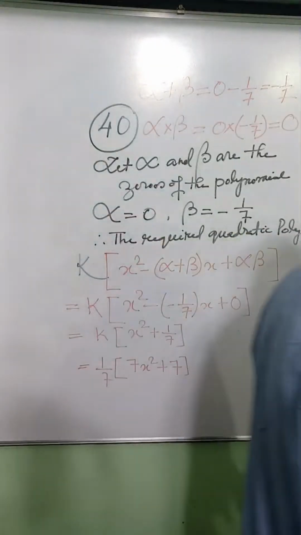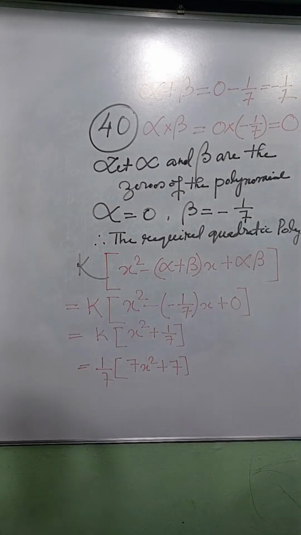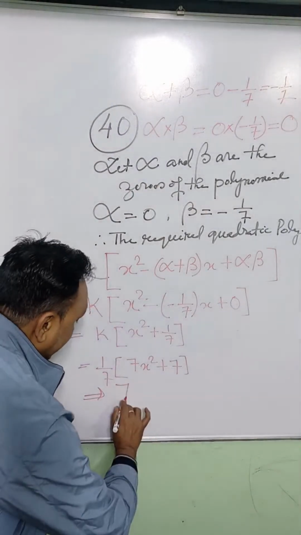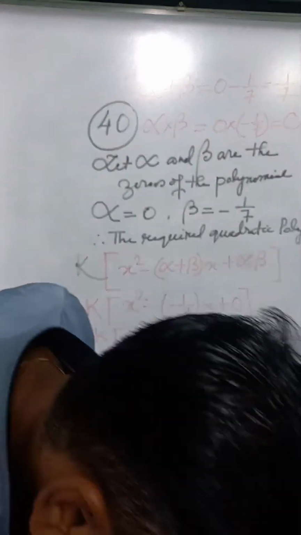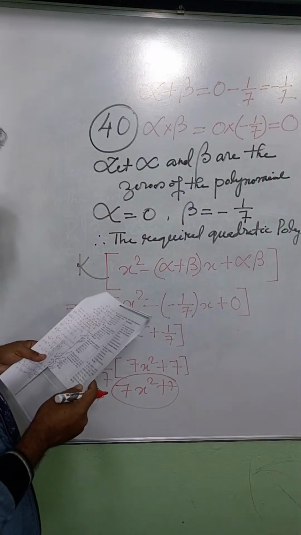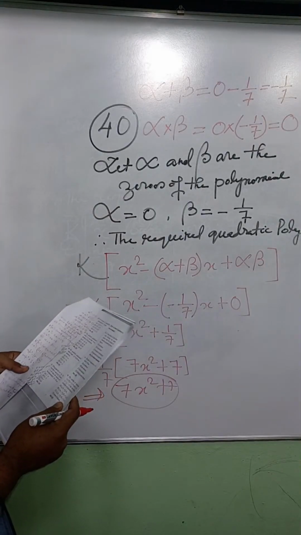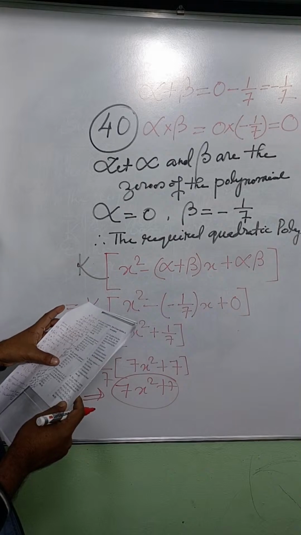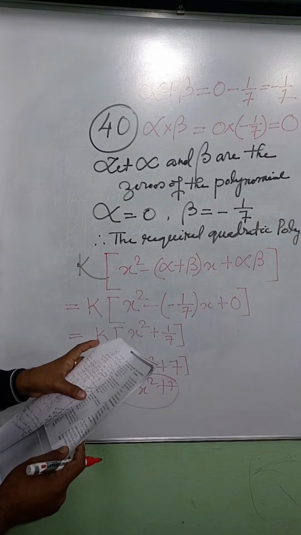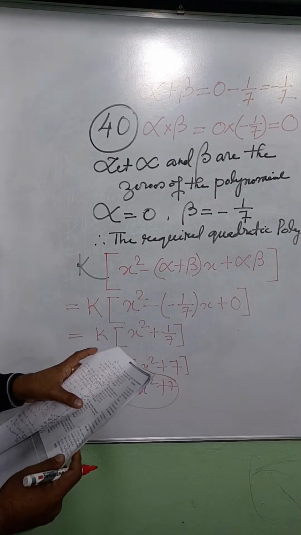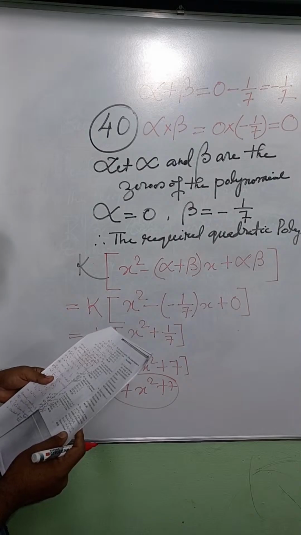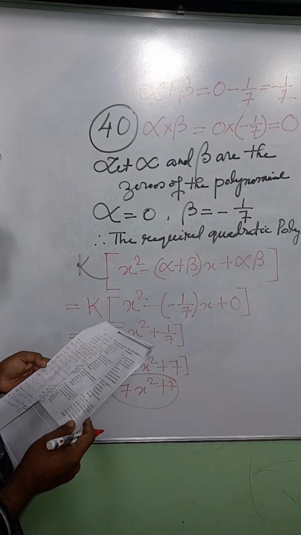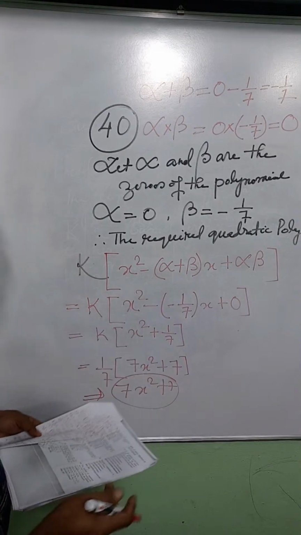This phone is really creating problems. Anyway, this will be the answer. The quadratic polynomial is 7x square plus x. I think it's clear. The options are given: A, 7x square plus x. Oh, I missed out x.